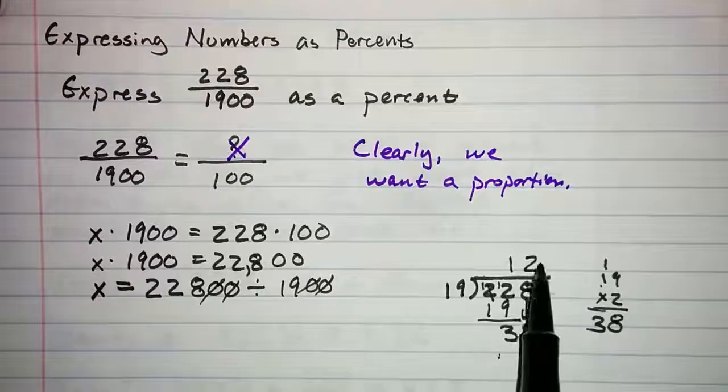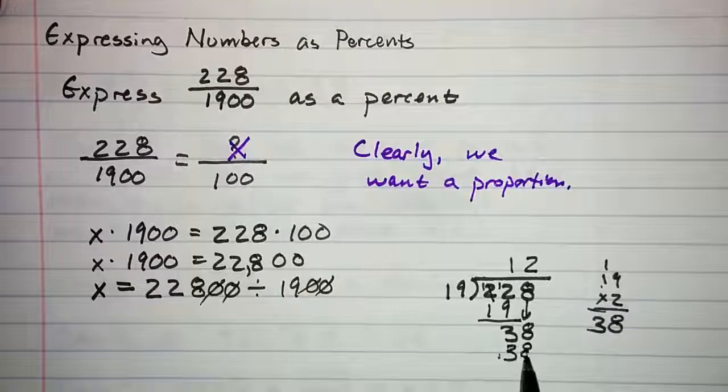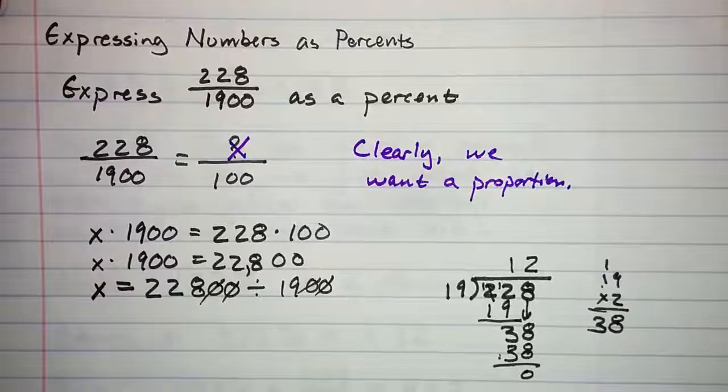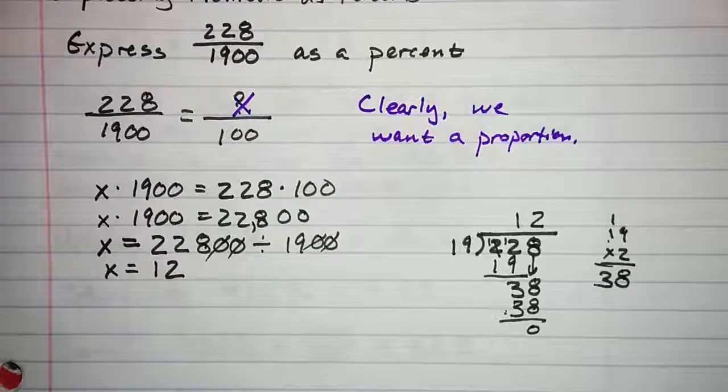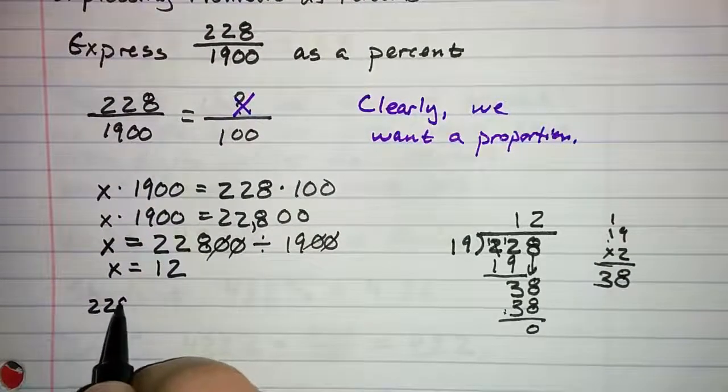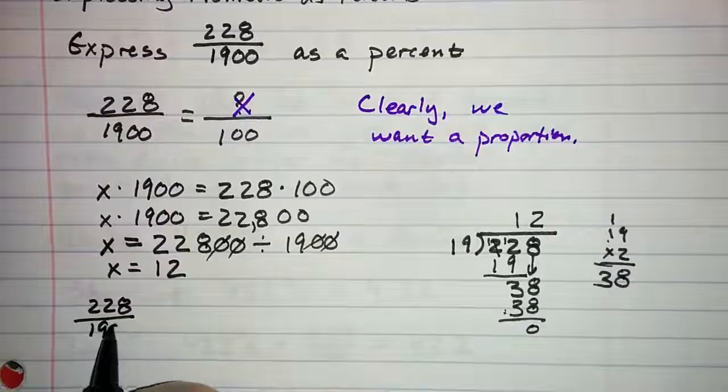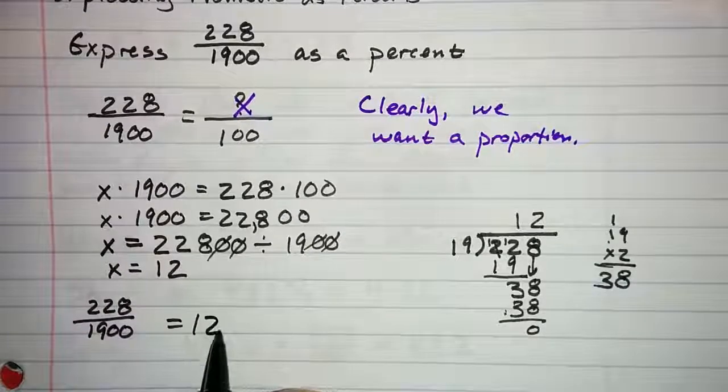Oh, exactly twice. Nothing left. My unknown number is 12. Where did that come from? 228 out of 1900 is 12%.